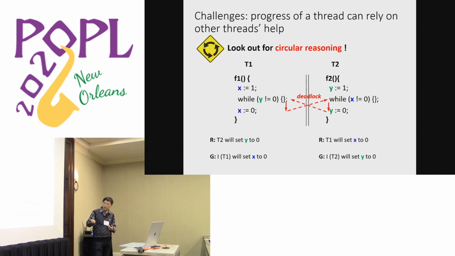Then it guarantees that it will set y to be 0. Then rely-guarantee reasoning requires that the guarantee of one thread implies the rely condition of the other thread. Indeed, in this case, the guarantee of T2 implies rely of T1, and the guarantee of T1 implies rely of T2. It seems the rely is always satisfied. So we could have this kind of reasoning, but this is unsound. This is a well-known challenge.